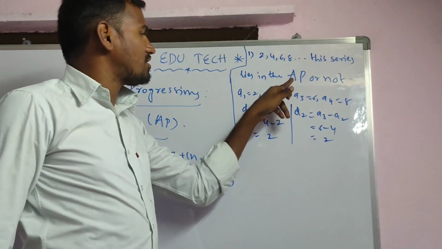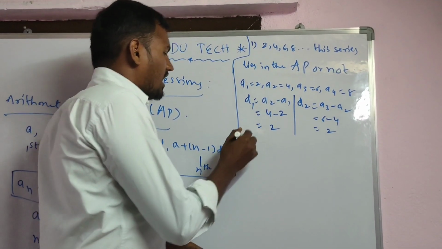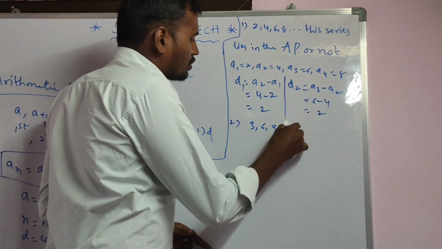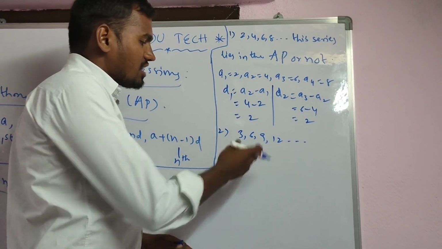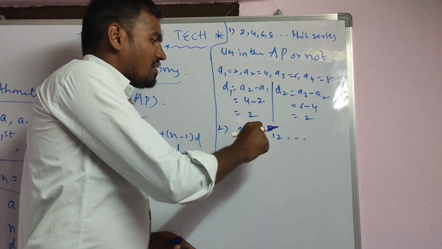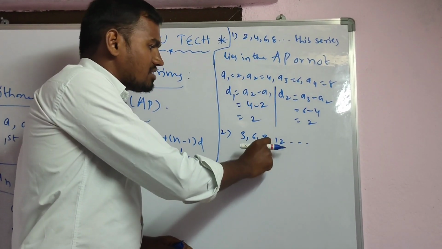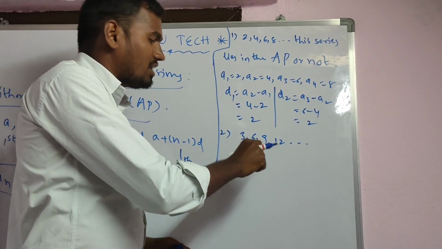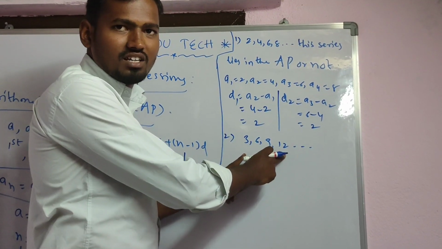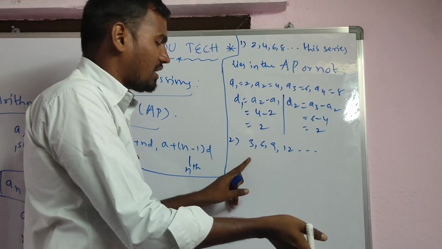Take another one, for suppose 3, 6, 9, 12 and so on. Check whether it lies in the AP or not. Whenever the given series lies in the AP, the d is the same for all of them.